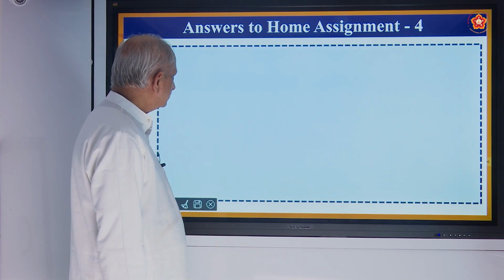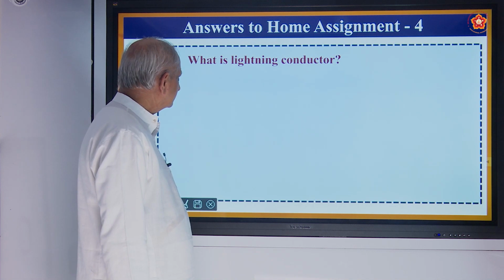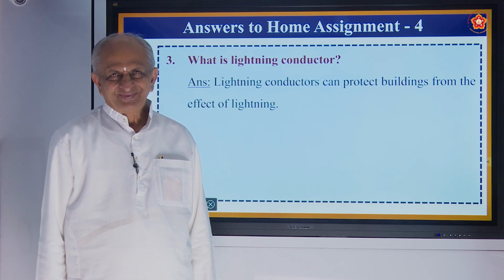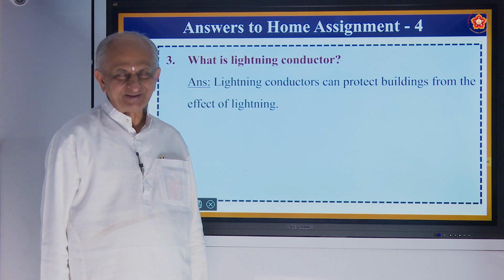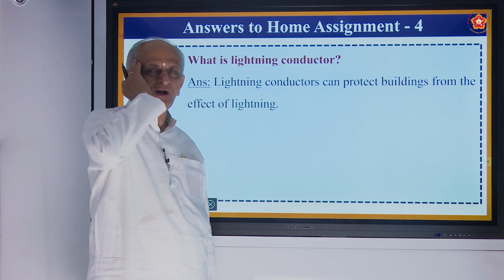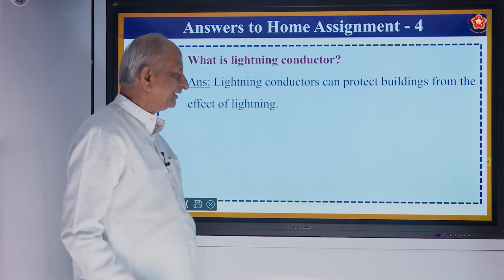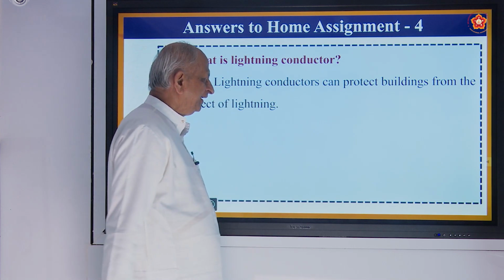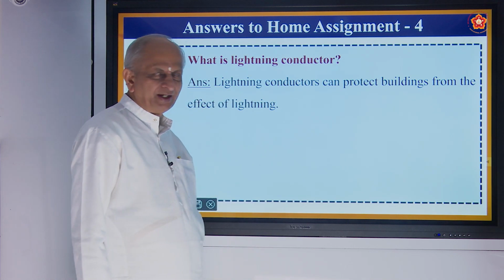Okay, next question, what is a lightning conductor? Have you seen it? Yes, of course, you might have seen it. Above all the buildings, it will be erected. So a lightning conductor can protect buildings from the effect of lightning.